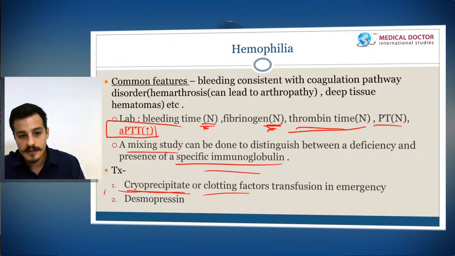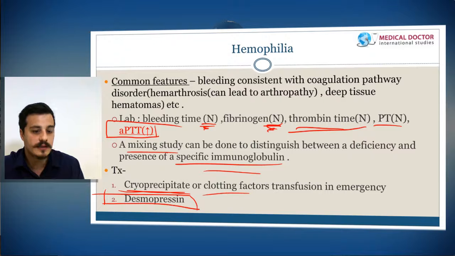Desmopressin, and we've already mentioned that in the previous lesson as well, is going to cause the release from the endothelium of von Willebrand factor. And one of the functions of von Willebrand factor is to protect factor 8. This is why it is useful in patients with hemophilia A and can actually, if it is a mild disorder, elevate the amounts of available factor 8.